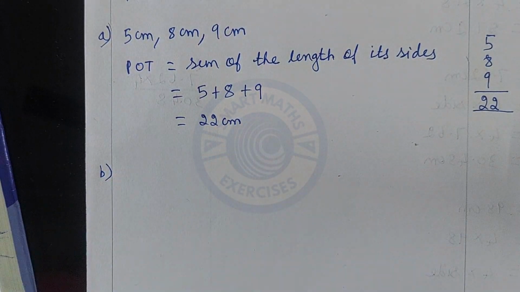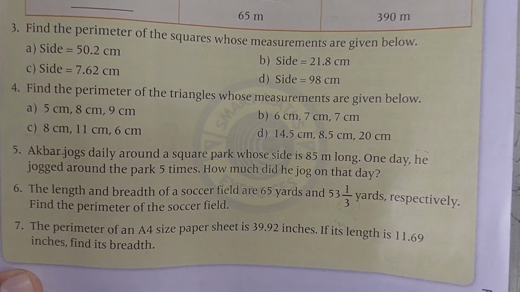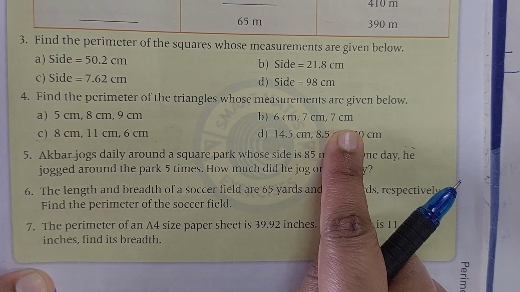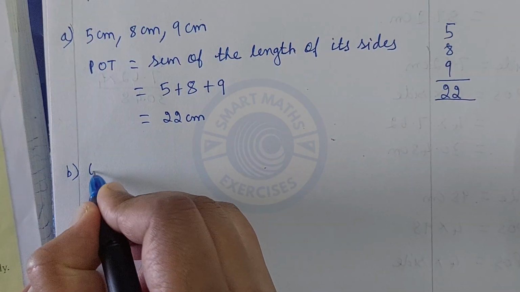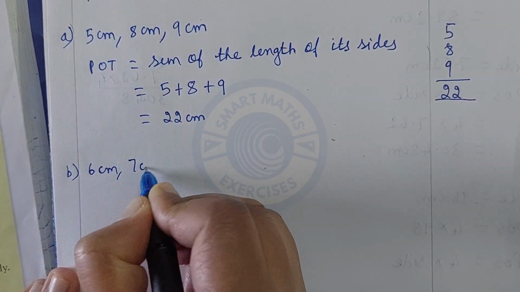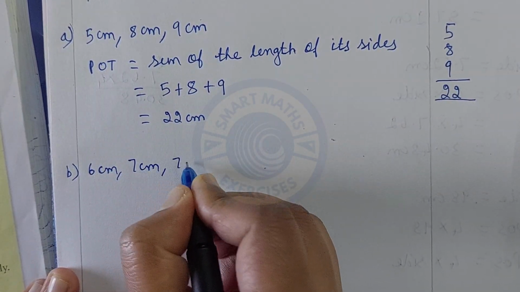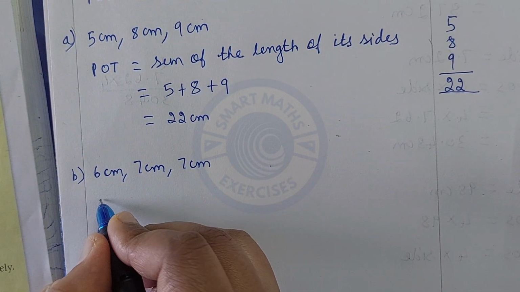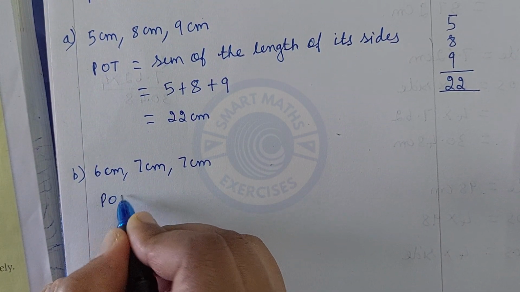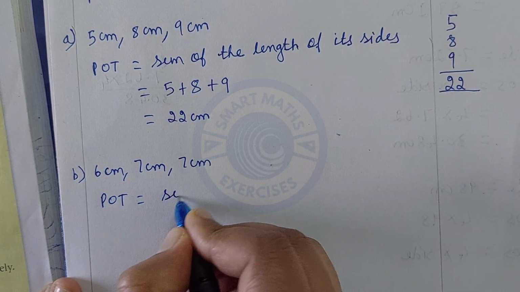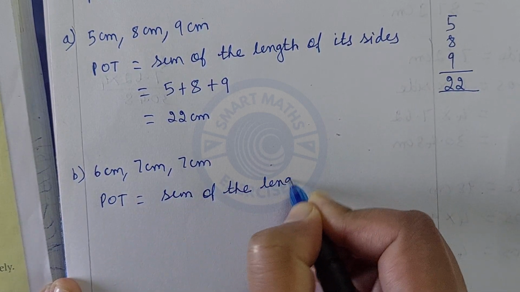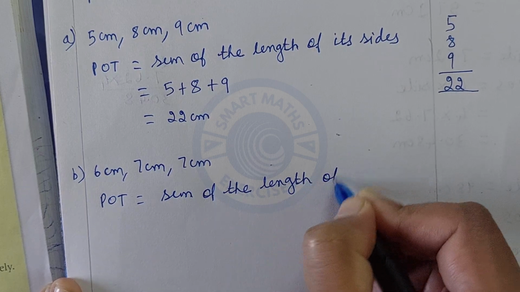Next question. 6 centimeter, 7 centimeter, 7 centimeter. Perimeter of triangle is sum of the length of its sides.